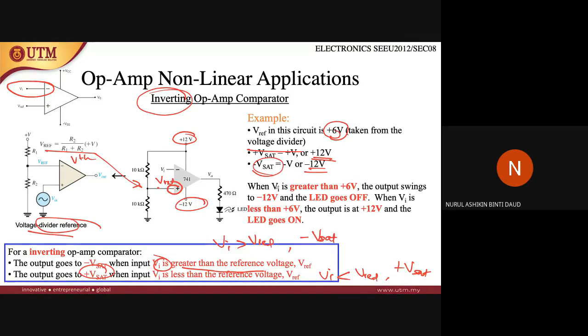So when VI is greater than 6 volts, the output will swing to minus 12 volts. So the LED goes off. Okay, so it is the opposite way with the non-inverting. So when VI is lesser than positive 6 volts, the output will become positive 12 volts, and the LED goes on, right?